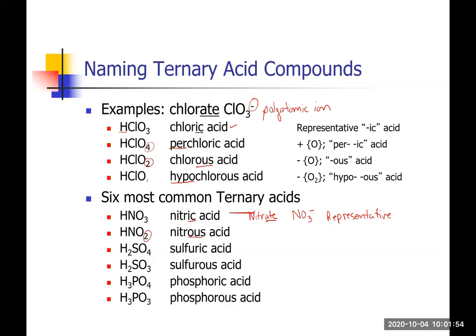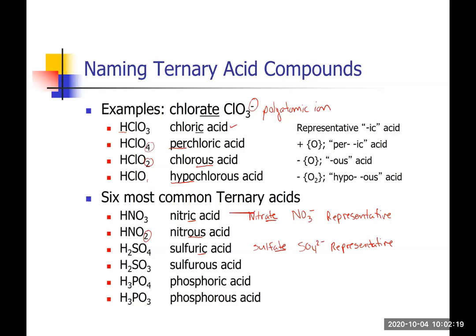If we look at sulfuric acid, this came from sulfate. And we know the polyatomic ion sulfate is SO4 2-, and that is our representative because of the ATE. We're going to convert the ATE to an IC when we name this oxyacid.